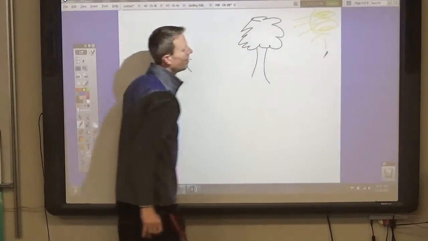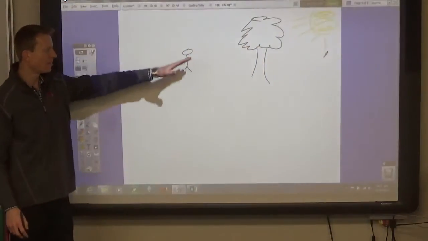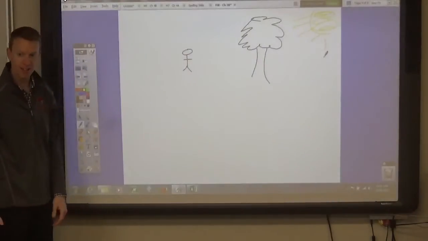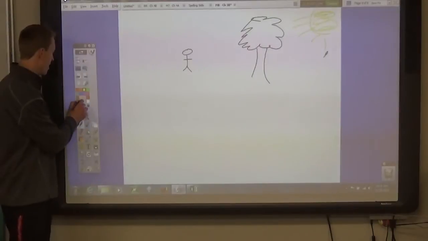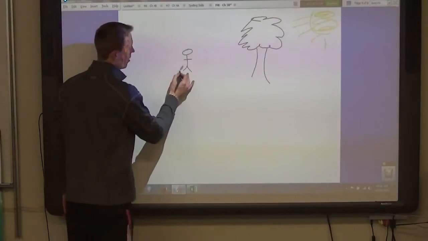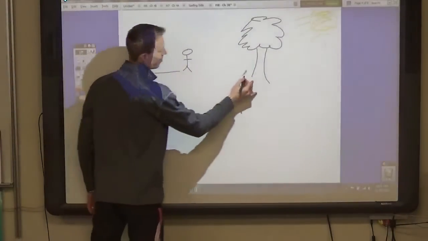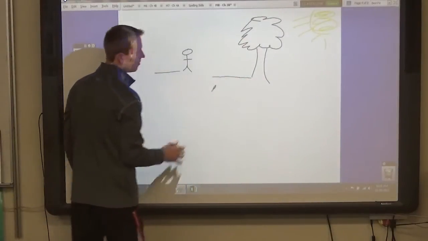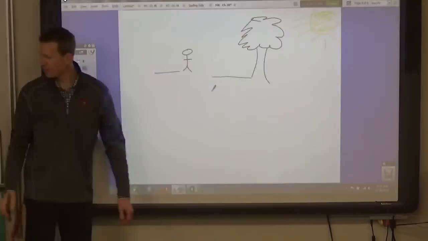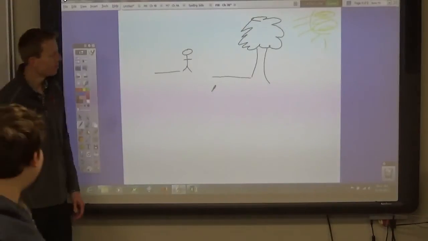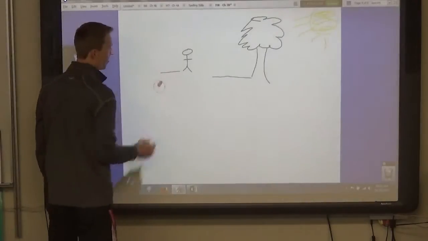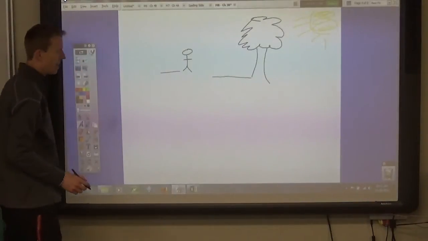So the angle that the sun is at is hitting both the person and the tree at the same angle, isn't it? And it's casting a shadow. The shadow of the tree should be longer than the man. That's unproportionate. Well, that's because it's a scale, or it's a sketch.